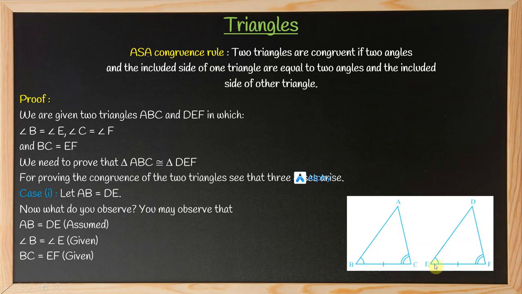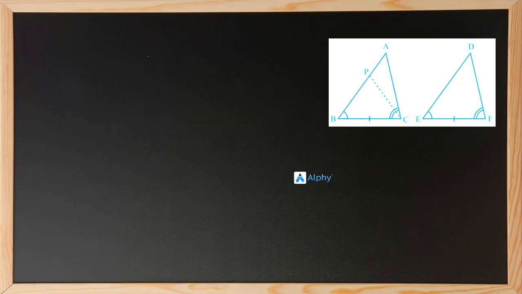BC is equal to EF, which is also given to us. So, we can say that triangle ABC is congruent to triangle DEF by the side angle side congruence rule, as we have two sides and one angle which is included between those sides.